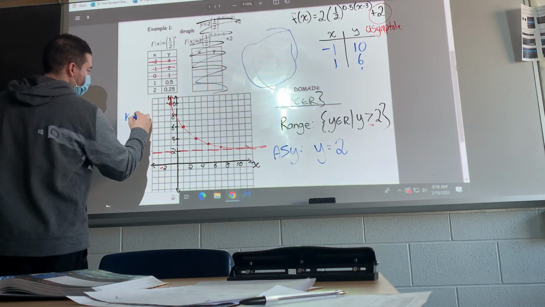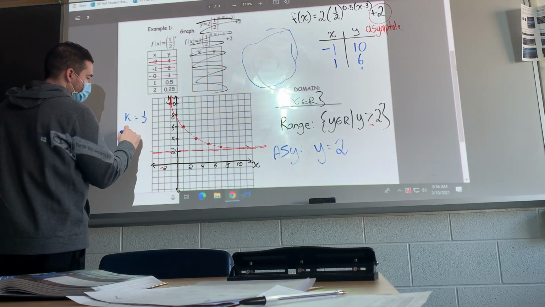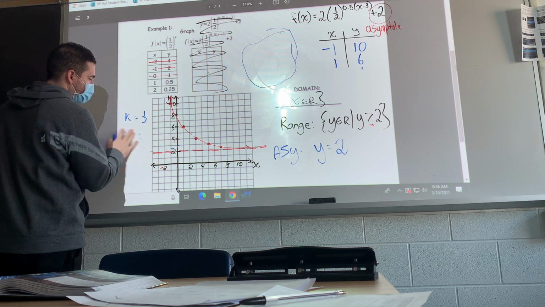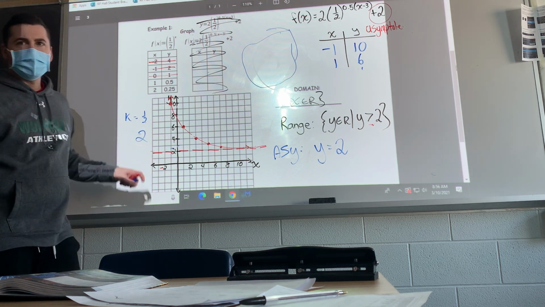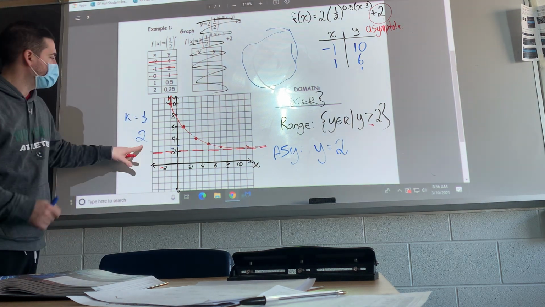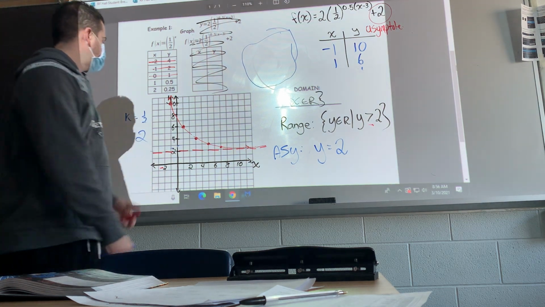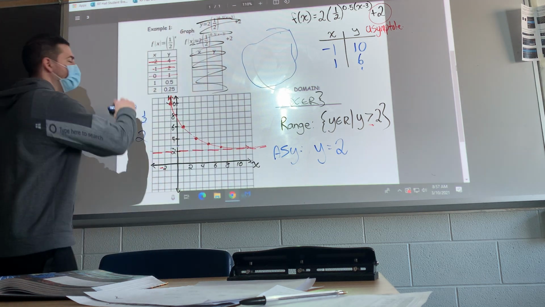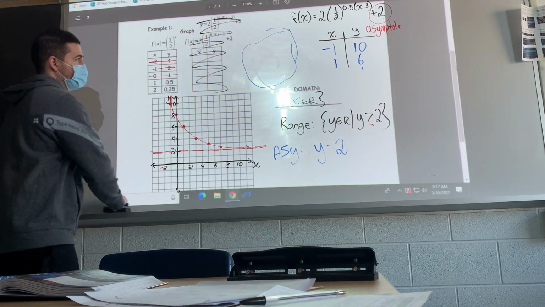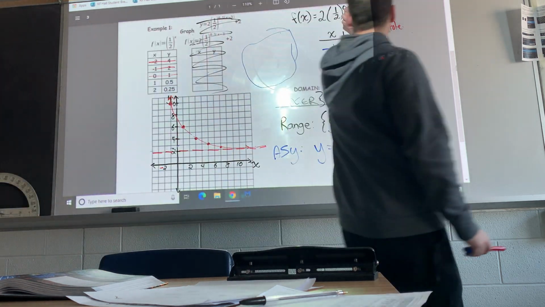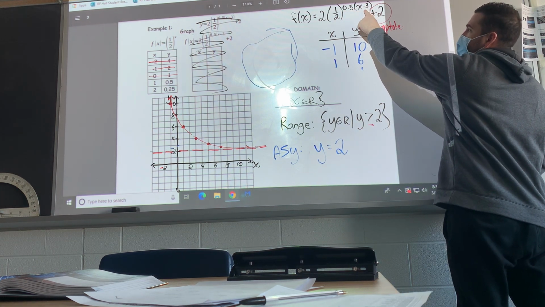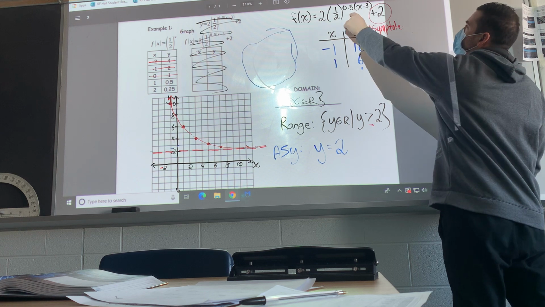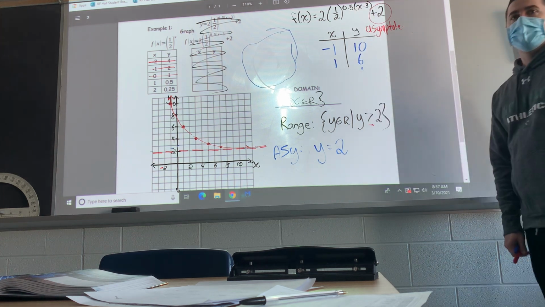So our k-value is 1 over 2, but we reverse it. So it becomes a 2, this becomes a compression of 2. So your k-value, you always flip it. Okay, anything to do with the x's, it's always the opposite. So it's a -3 here, but it goes right. And then our k-value, we flip it.